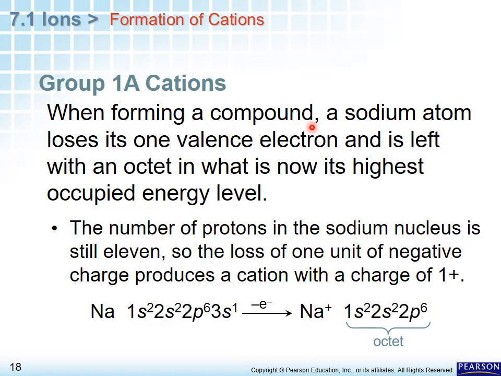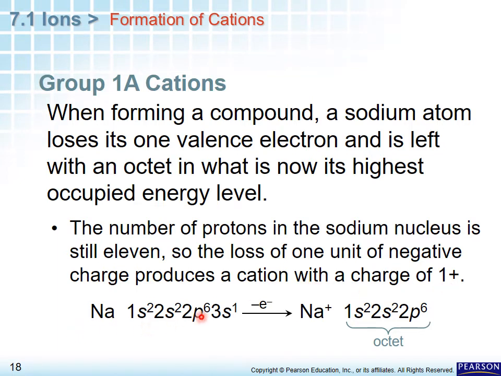Now, when forming a compound, the sodium atom loses its one valence electron and is left with an octet in what is now its highest occupied energy level. The number of protons in the sodium nucleus is still 11, so the loss of one unit of negative charge produces a cation with a charge of 1 positive.